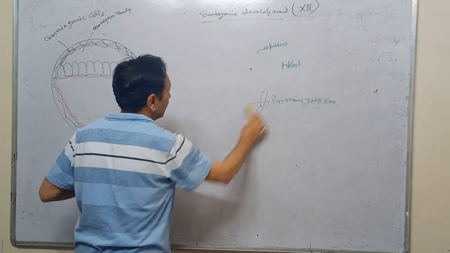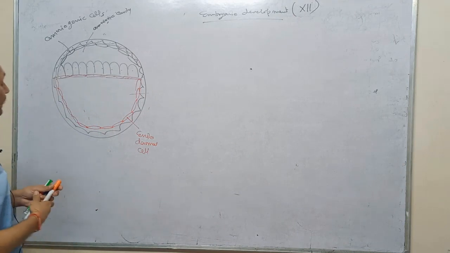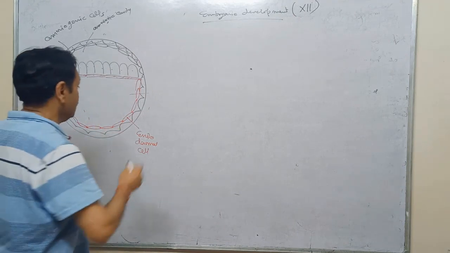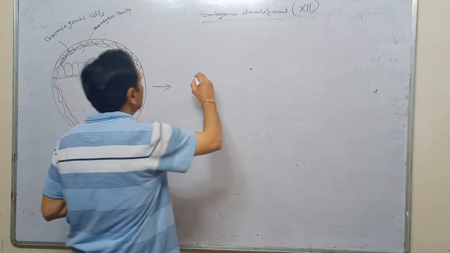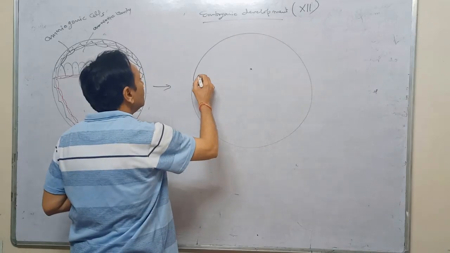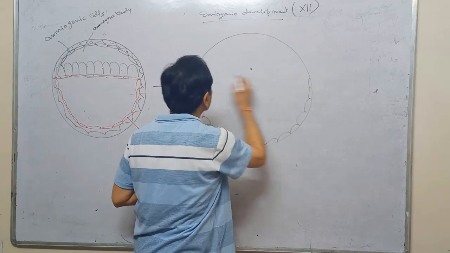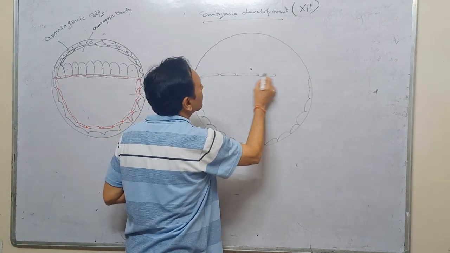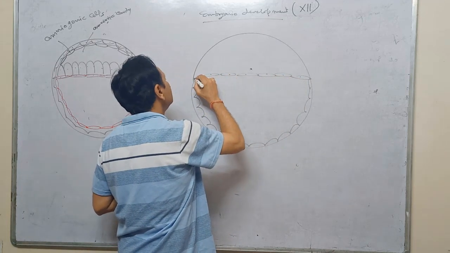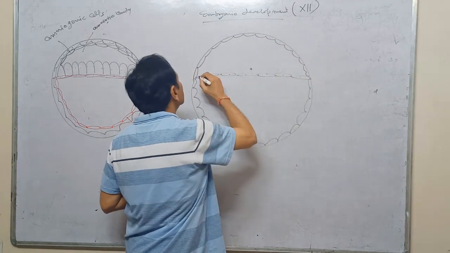In this embryo, we have just seen that the embryonic endoderm is being formed, which is just above the trophoblast. What will be the next change? There is no change in the upper part or the vaginal pole. It is still here. It is the cell of Rauber.